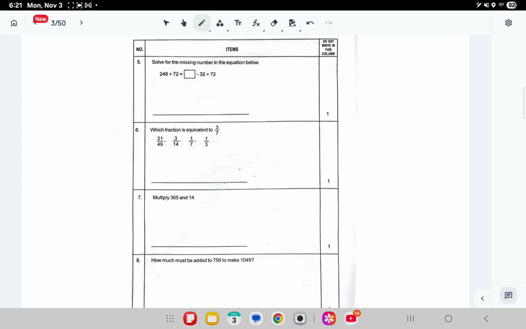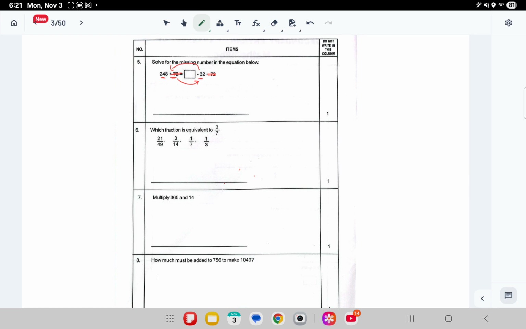Number 5. Solve the missing number in the equation below. So we know now that on this side here is plus 72. So if we carry across this plus 72 on the opposite side of the equal sign, it now becomes minus 72. So that means this 72 and this 72 could cancel, which will leave us with 248 on this side and minus 32 on this side.